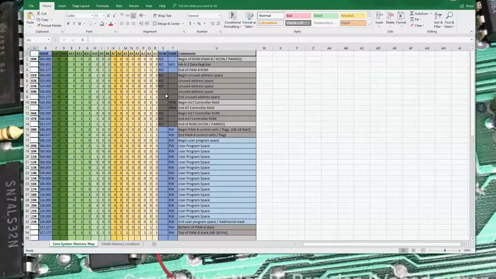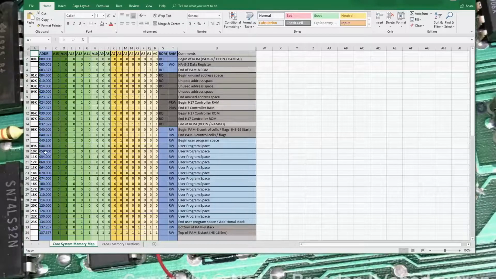I have nothing mapped in the machine from this address 0400 through 037377. We'll look at that later in the video to prove that there's nothing actually there. I've then got the H8-16 card, with the org address on it set to 040000, which puts the card's origin right here.